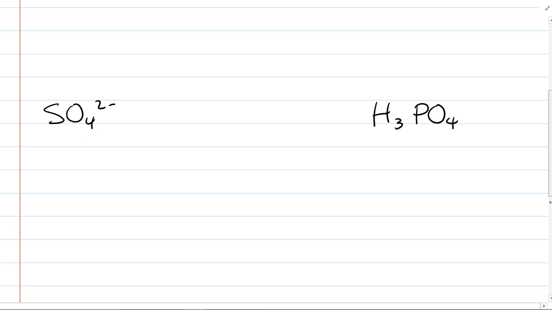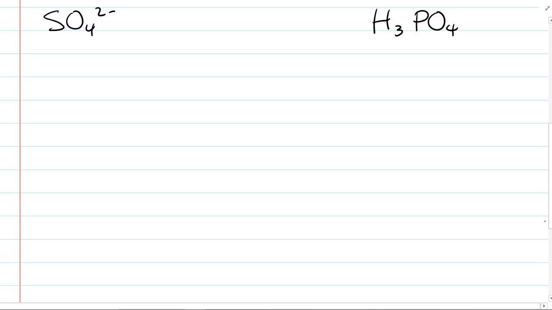And then we're going to do the sulfate ion. Then we'll do phosphoric acid, H3PO4. Then we're going to do the carbonate ion. And then wrap up with nitric acid, HNO3. So these are the structures that we are going to write out Lewis diagrams for.